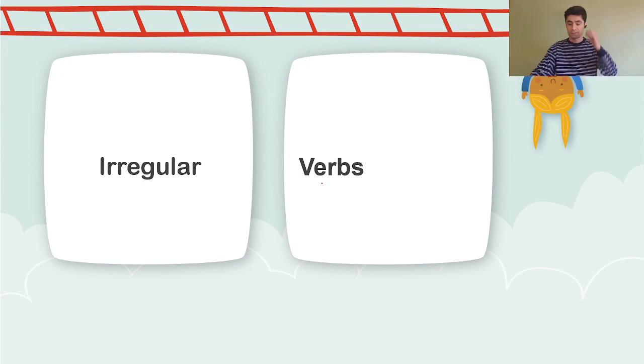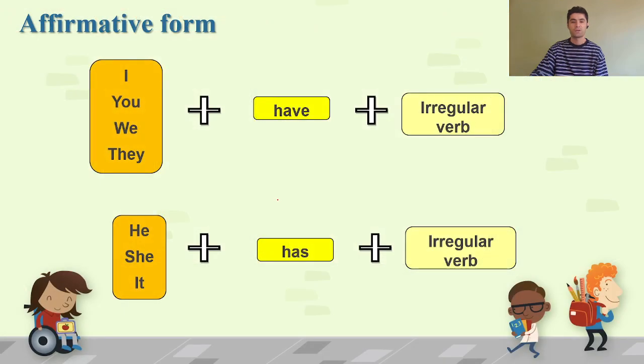And here we're going to see the usage of irregular verbs in the present perfect tense. So let's see how it goes with the irregular verb. As usual, we have the subject here, the personal pronouns, plus we have the auxiliary verb have and irregular verb.